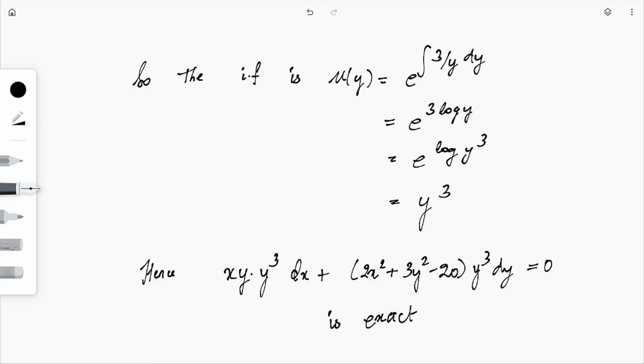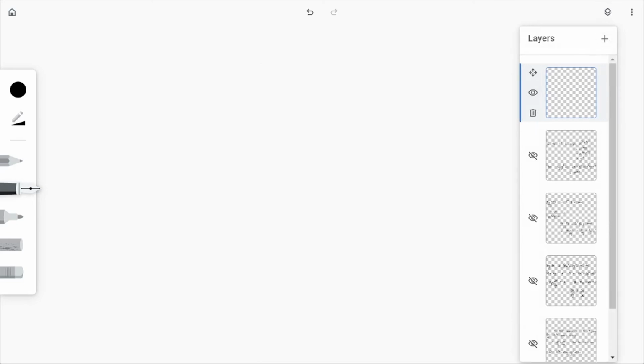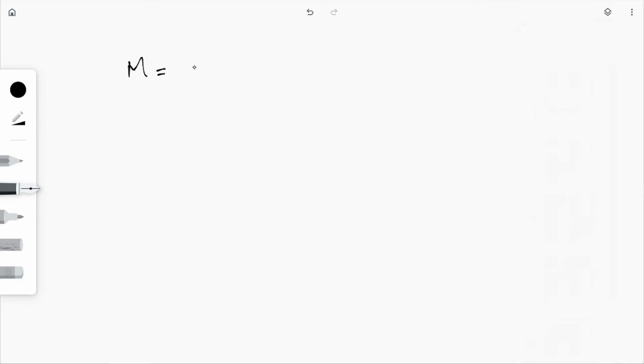So what will be the solution of this differential equation? Let me just take a new page. So the new M is nothing but x into y raised to 4, and N is nothing but 2x² y³ plus 3y⁵ minus 20y³.